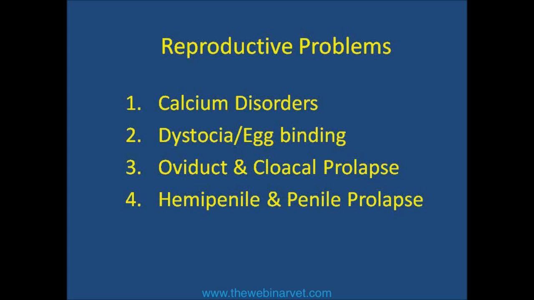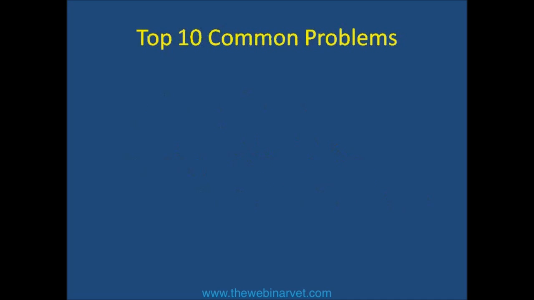And then we talk about prolapses, which are again reasonably common in reptiles. In females, oviduct prolapse and cloacal prolapse in both sexes, but also hemipenile and penile prolapses and the differences in treatment with those conditions.